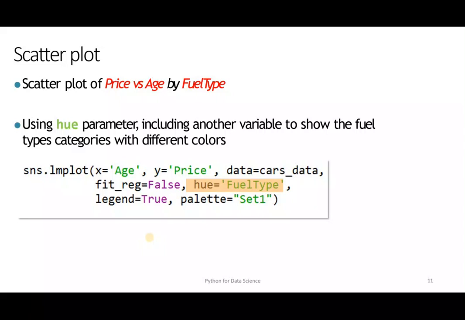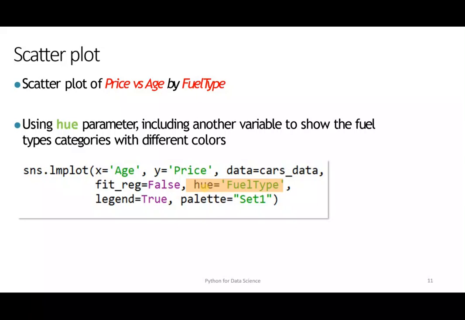Because it is of interest to check the relationship of price with age by adding another variable, fuel type, like how price varies when the age increases with respect to different fuel types of the car. That can be added by using the parameter called hue, and including another variable to show the fuel type categories with different colors.